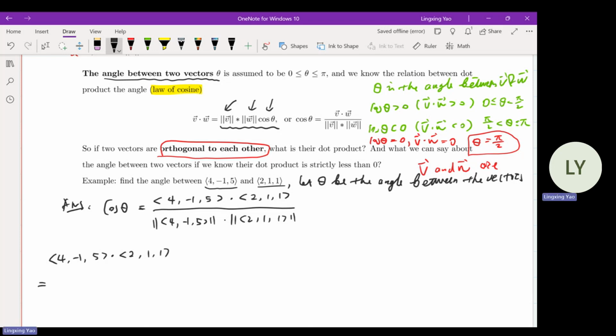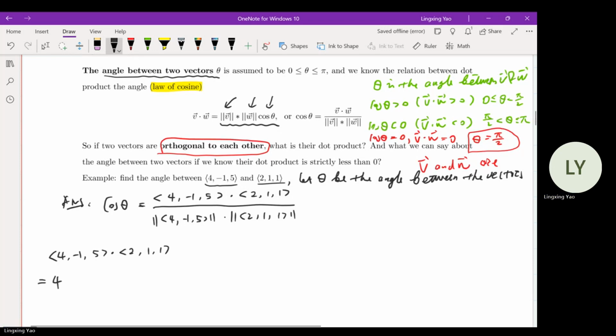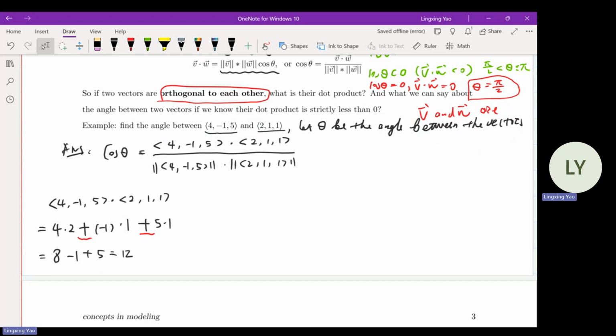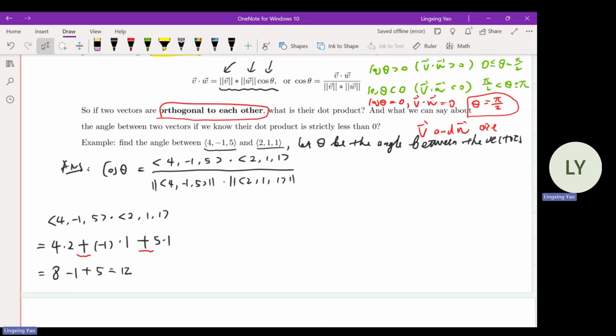The dot product is a scalar, obtained by multiplying the corresponding components of those two vectors. So it's 4 times 2 plus -1 times 1 plus 5 times 1, and those plus signs are very important. That is 8 minus 1 plus 5, which is 12. So this is the dot product. We also need to find the lengths of those two vectors.